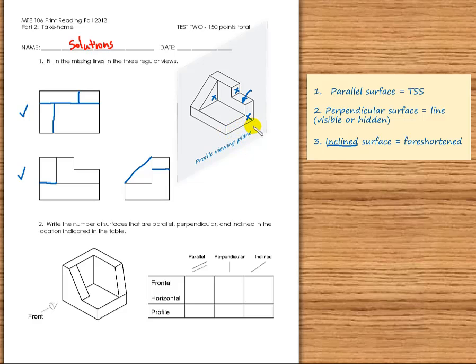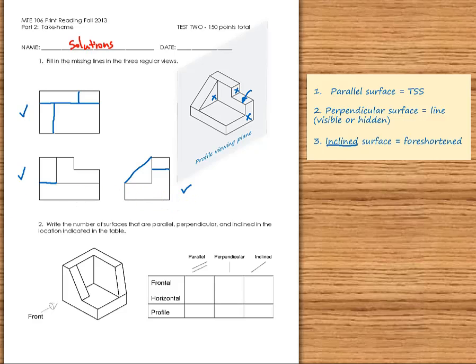The bottom surface is perpendicular to the profile viewing plane. It's represented in the right side view by this line. And this front edge is perpendicular to the profile viewing plane, and it is represented by this line in the right side view. So we have accounted for all of the parallel, perpendicular, and inclined surfaces in the right side view, and so we are done with the right side view.